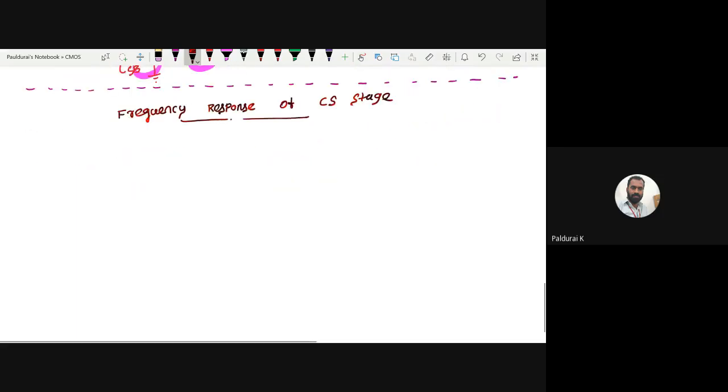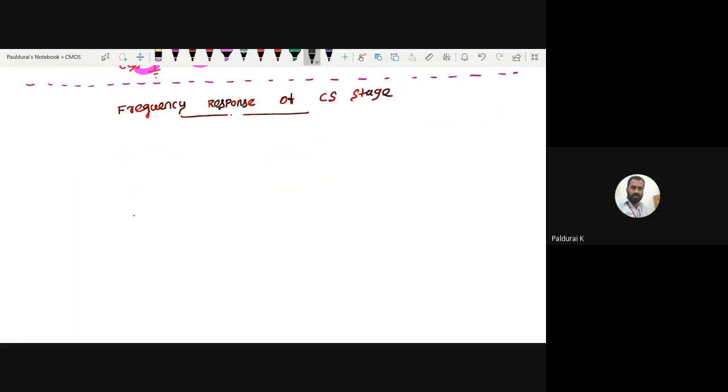Now frequency response of common source stage. Okay, இப்போ இது I hope so it will be very easy for you. இப்போ ஒரு common source stage நமக்கு தெரியும் எப்படி வரையணும்னு, right? Here we will give the input Vi. This source is common. Output we will measure it from, right? V out. This is my VDD. This is my RD.